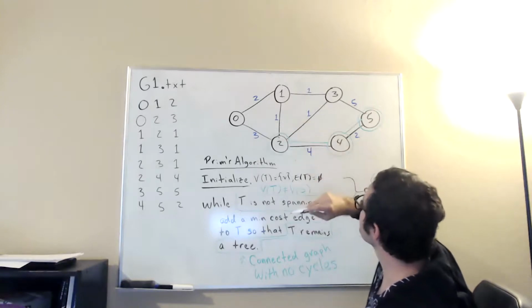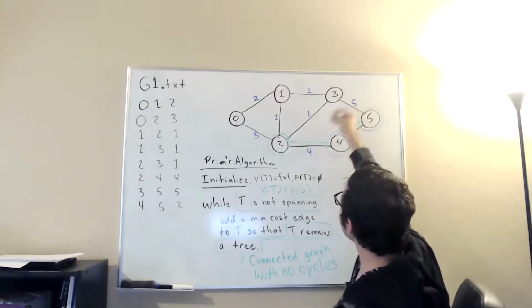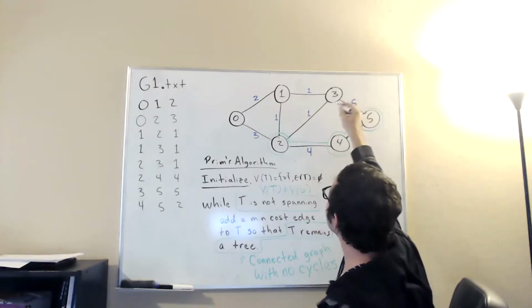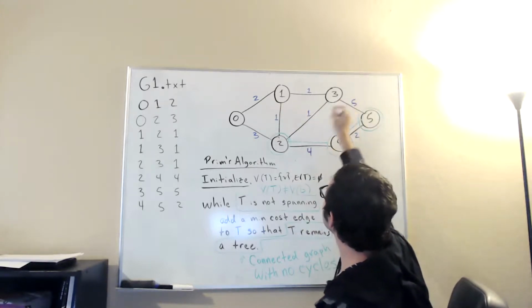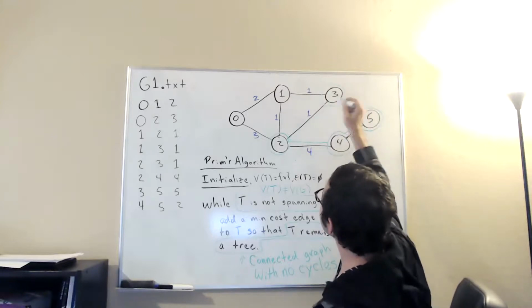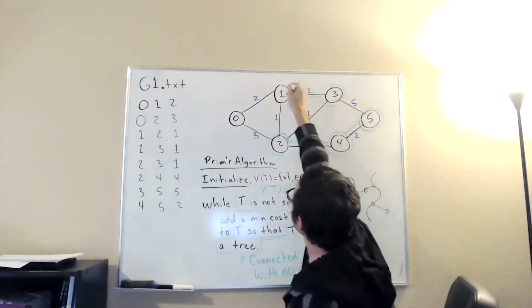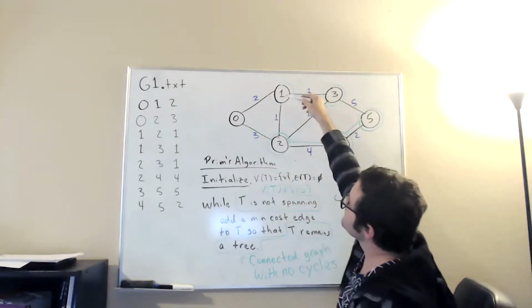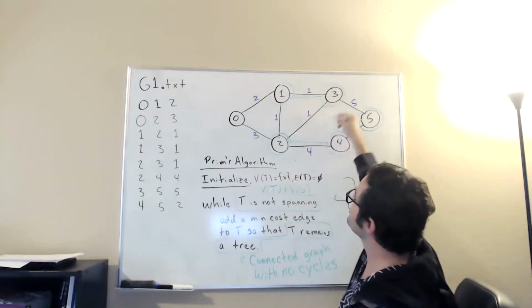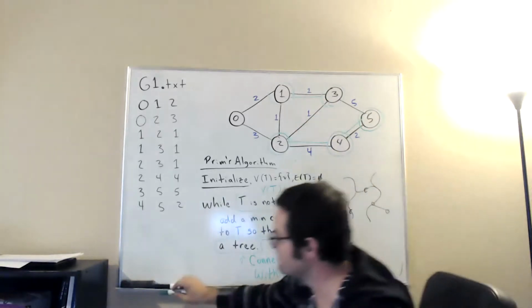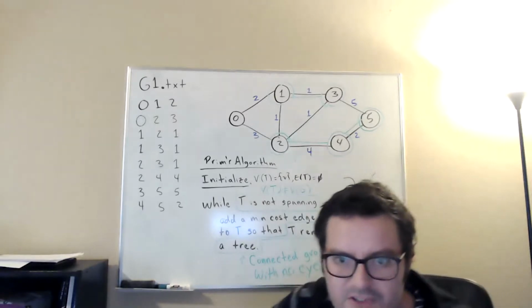Right there. And then possible edge, possible edge, possible edge. So you can do this one. And then possible edge, possible edge, possible edge. And then we get to there. But then we see that if we add this edge right here, we get a cycle because both endpoints are in the tree.